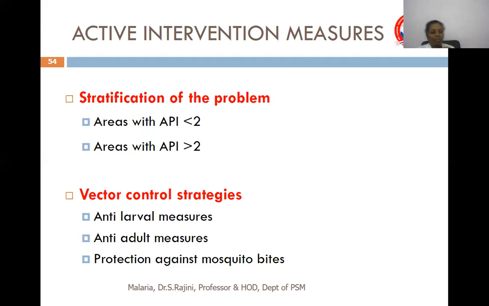Vector control strategies: anti-larval measures, anti-adult measures, and protection against mosquito bites.